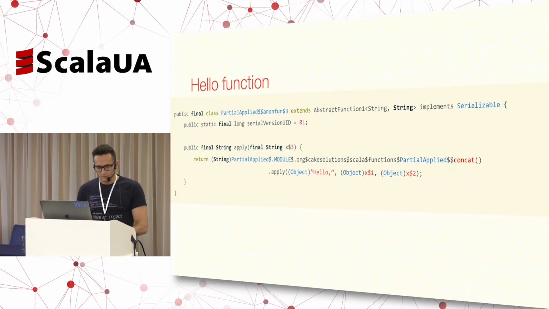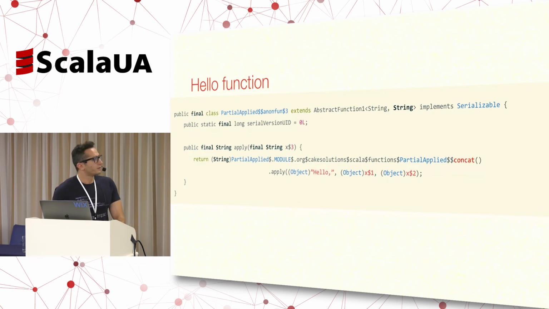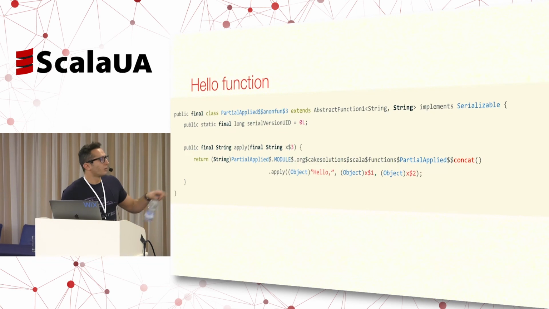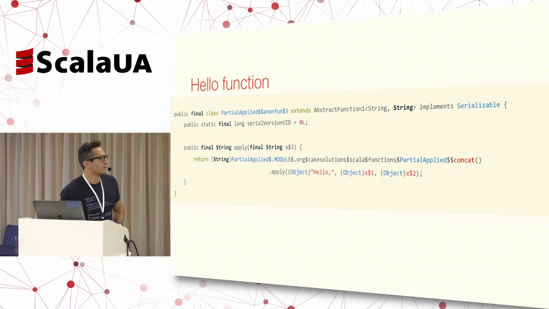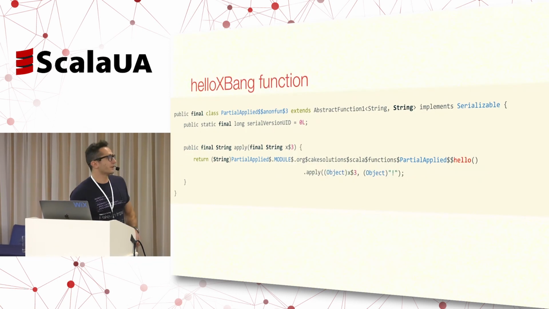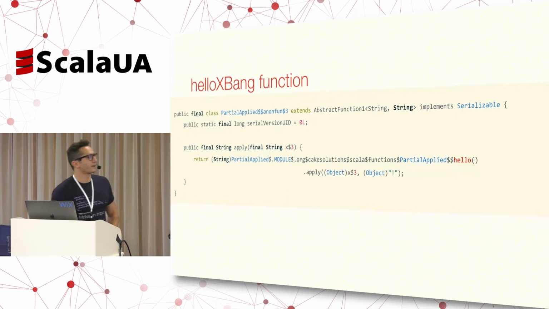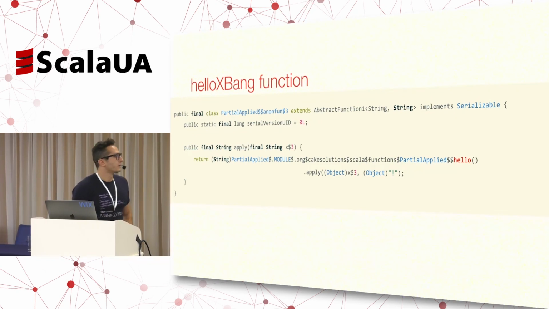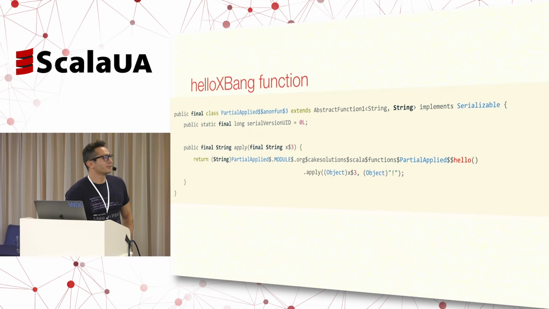You can see that internally we are calling concat, only now we are passing the hello object, the hello string that we got before, and two placeholders, object x and object x2. And this is the helloXBang function, the one that we used hello for. It does the same thing. It calls internally the hello function, but this time it uses one placeholder and one string.